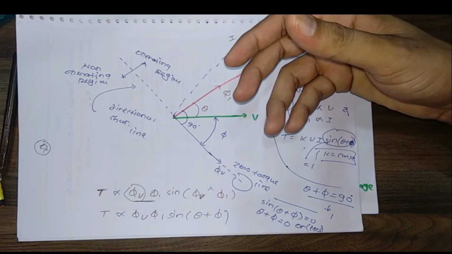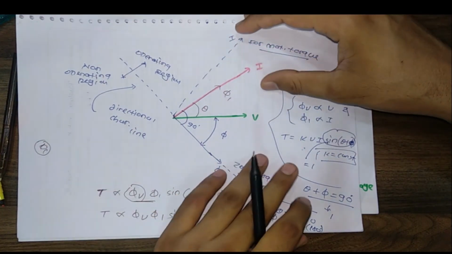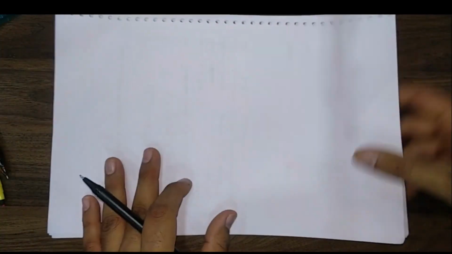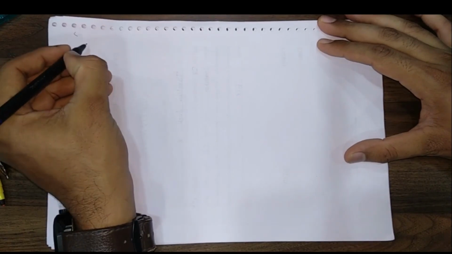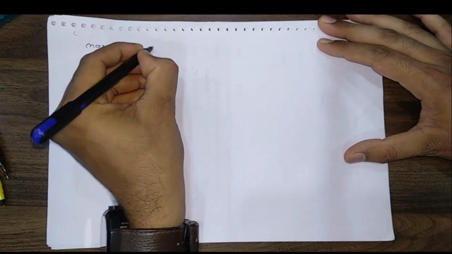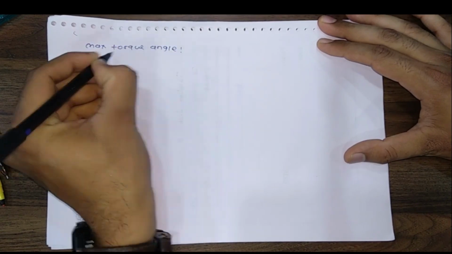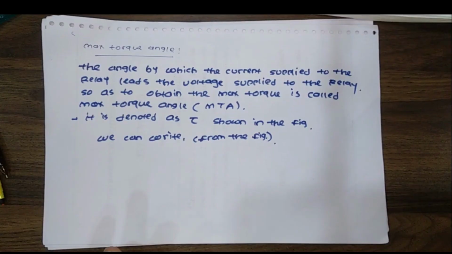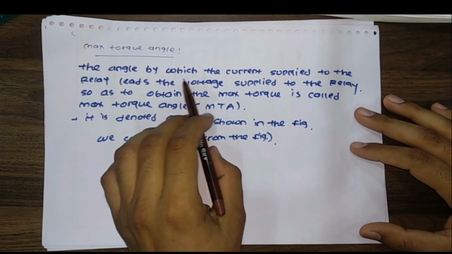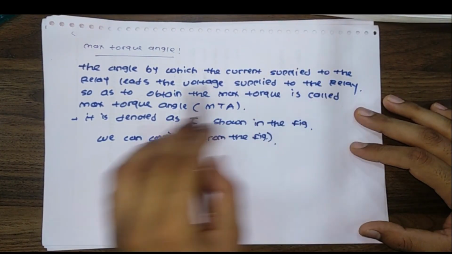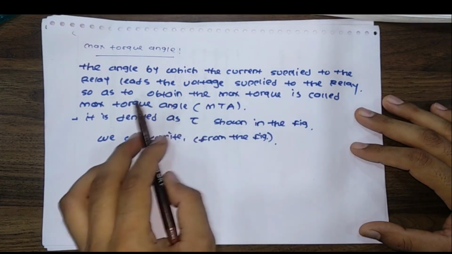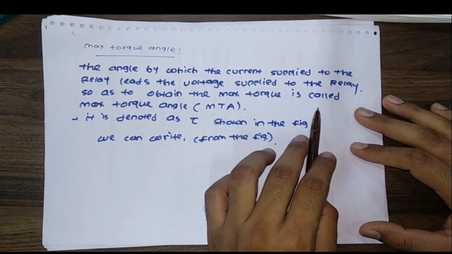So what is the maximum torque angle? This is the maximum torque angle: the angle by which the current supplied to the relay leads the voltage supplied to the relay so as to obtain the maximum torque.